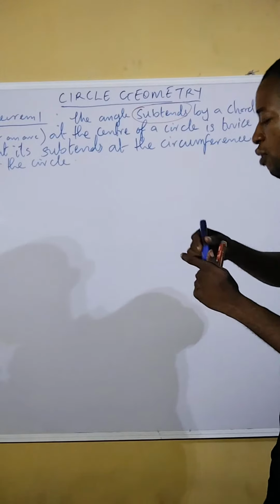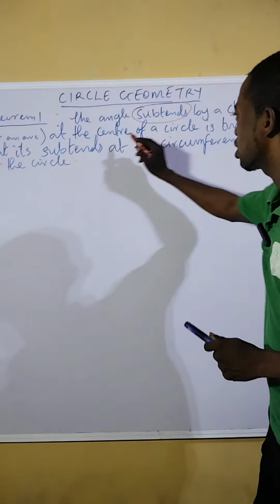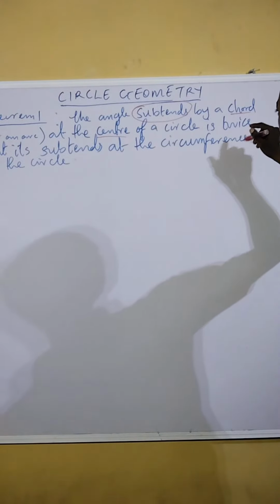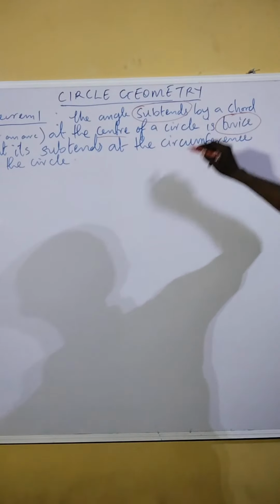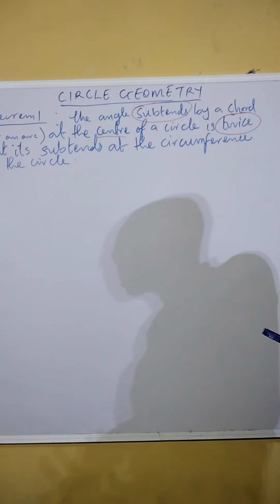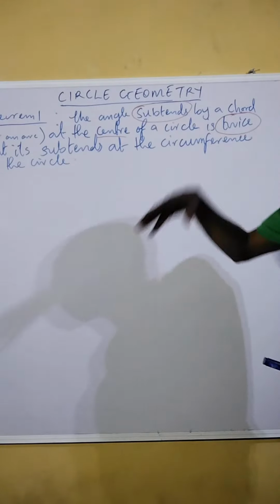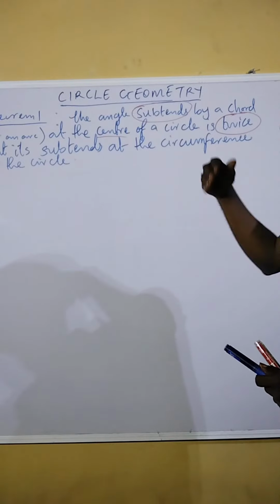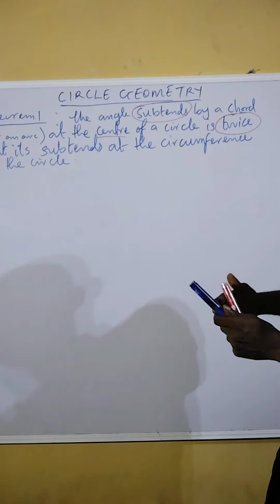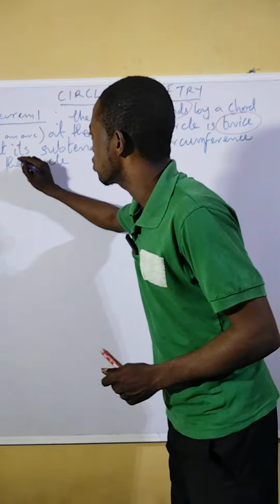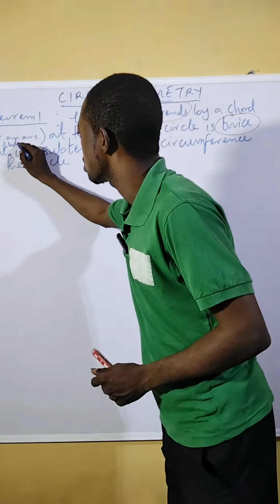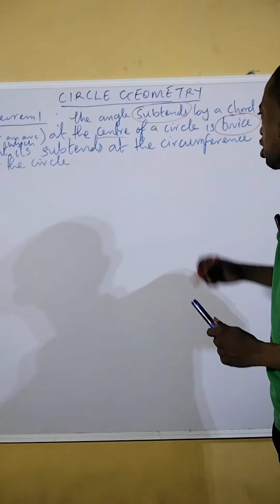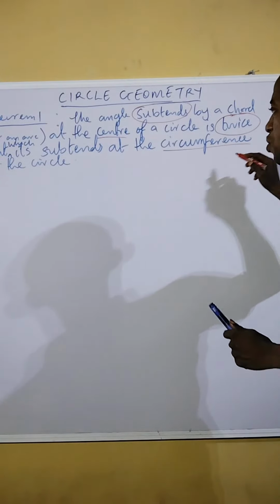The center of a circle is twice. So this word twice is a key word. The angle at the center is twice that which it subtended at the circumference. Circumference here is also a keyword of the circle.